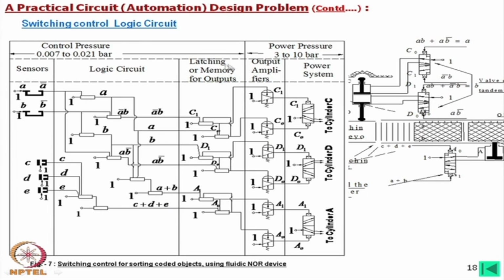Now, these are the latching or memory outputs. Here I would like to mention that we require a memory device. Why do we need it? Because, as I have told, when one performance is not completed, we should not have another performance, but that is not possible only by AND, OR or NOT gates.